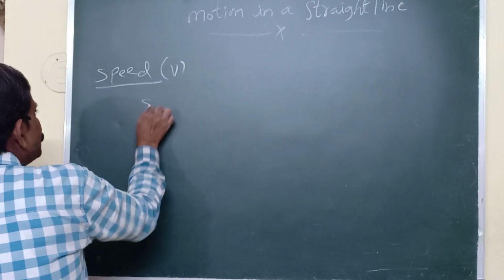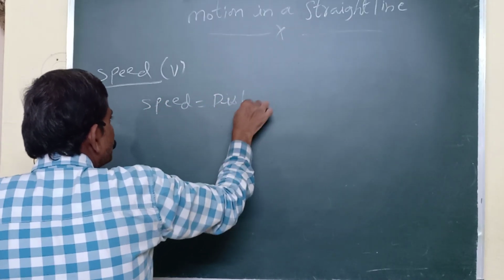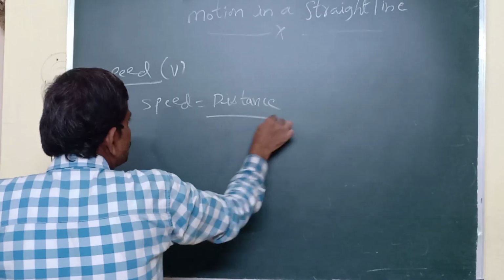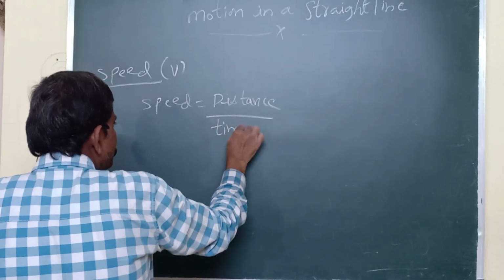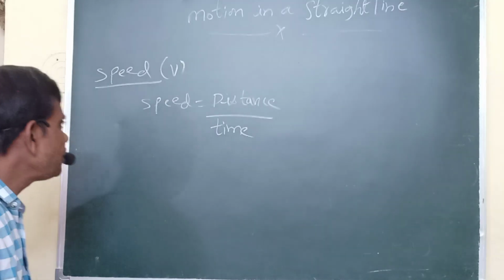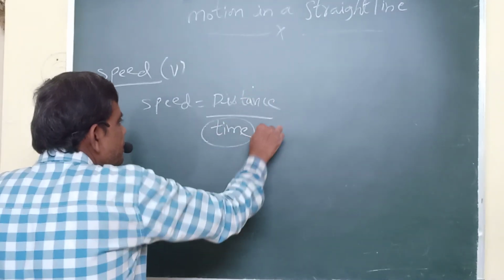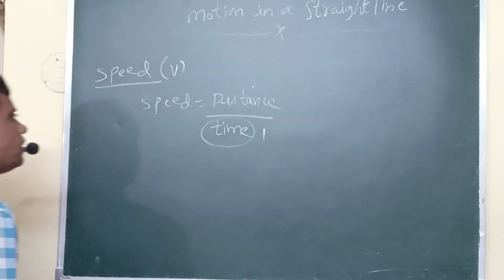What is the formula for speed? Speed equals distance by time. Rate of change of distance is called speed. Otherwise, particle travelled distance in 1 second.